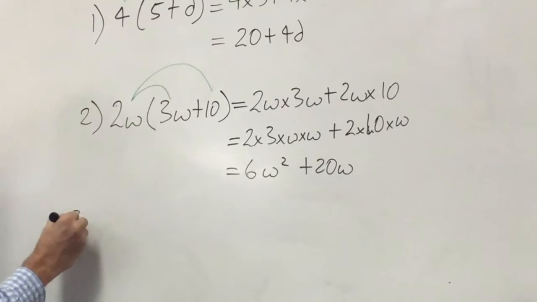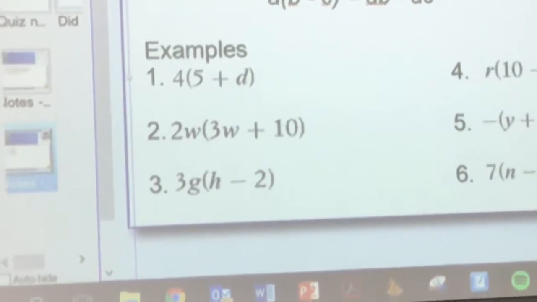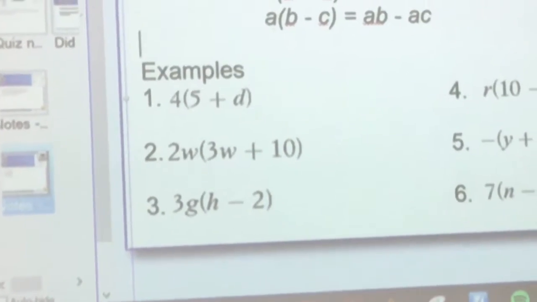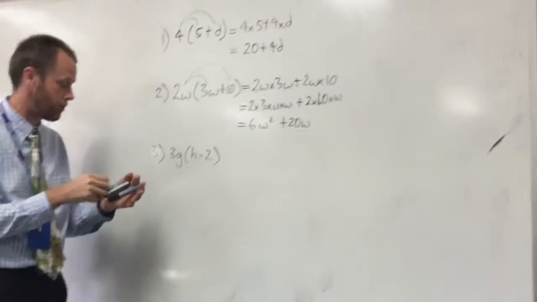Question 3. In this case, 3g outside of h minus 2. So we've got a negative this time. Be careful with that negative. Remember, it must go with the term.